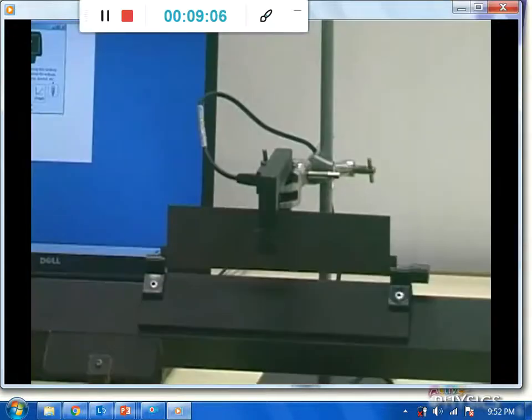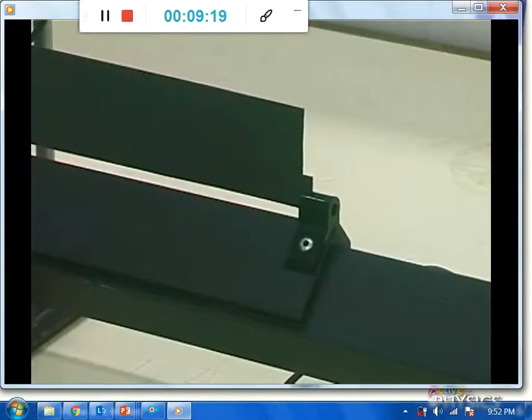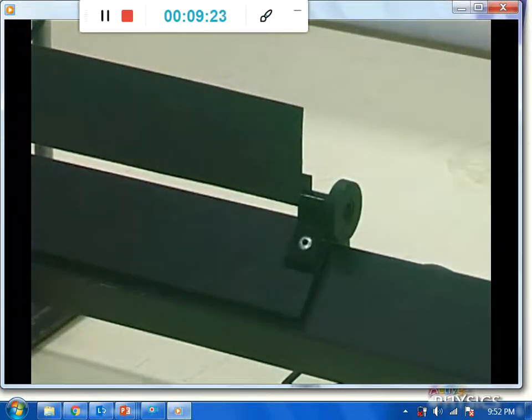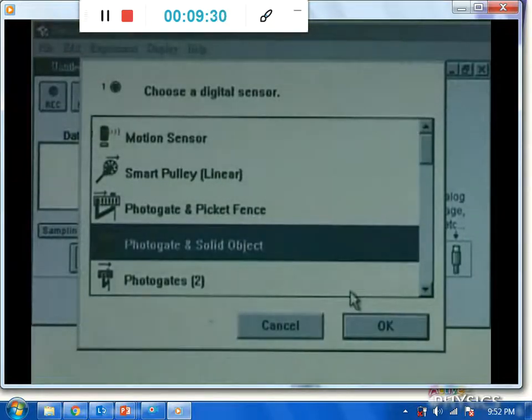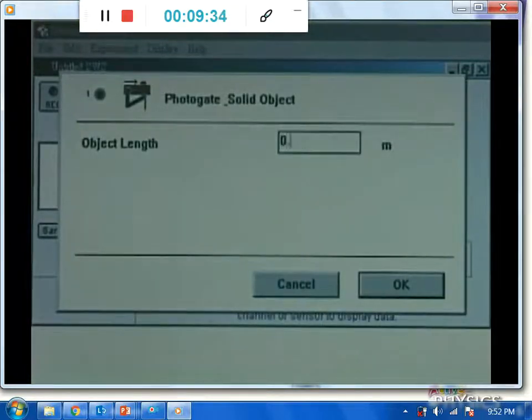A photo gate is placed on each side of the track. The photo gates are used to measure the velocity of the riders before and after a collision. Attach a magnet to each of the riders so that they bounce off sharply in collision. Run the data logger software and choose the interface for photo gate. Enter the length of the cardboard attached on the riders.